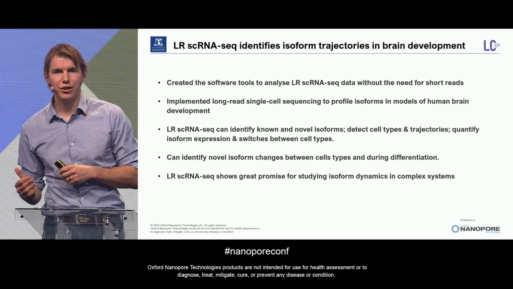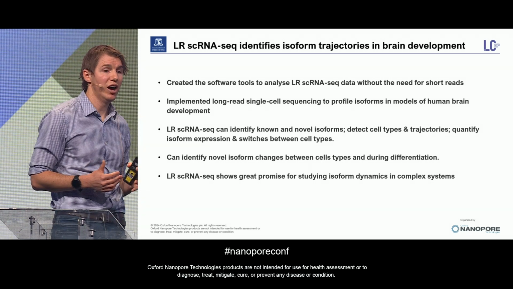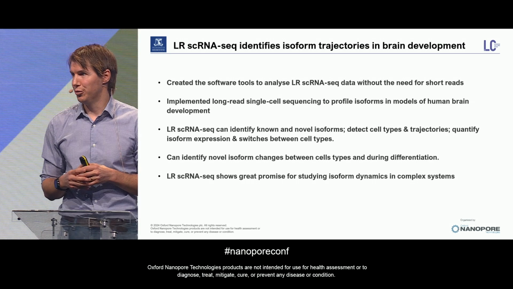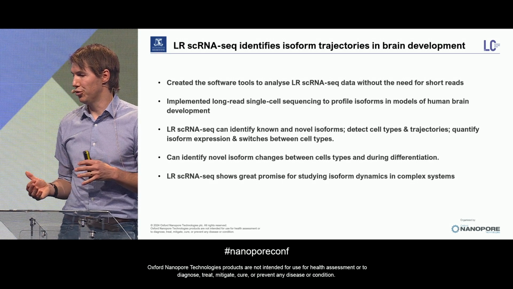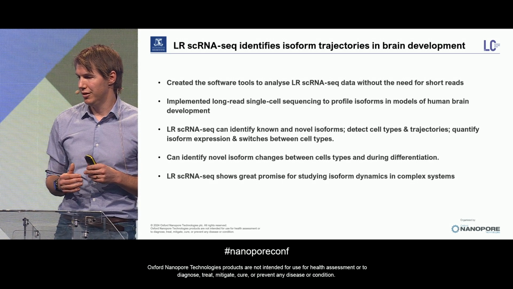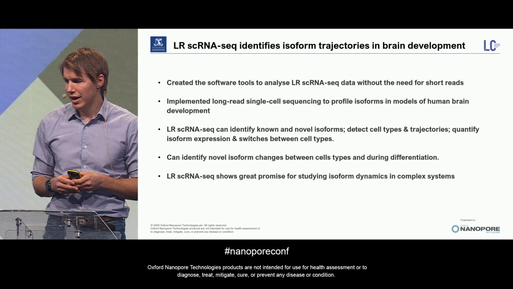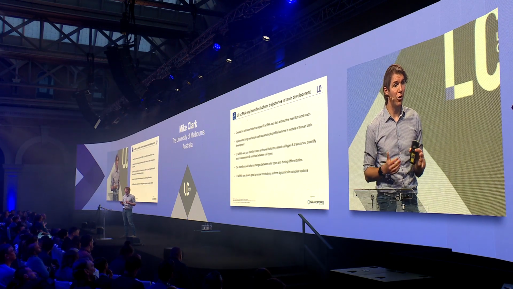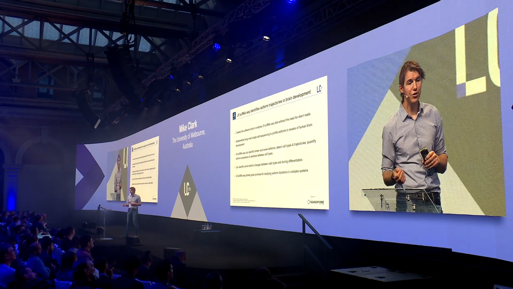With this we can see known and novel isoforms, detect cell types and their trajectories, quantify isoform expression, and see switches between cell types over development. I hope this also convinces you that this sort of technique with long-read single cell, however you're doing it, has a lot of promise if you're interested in isoform dynamics, not just in this system but in almost any system, because you can get a really detailed understanding of what isoforms are being expressed in each cell type.